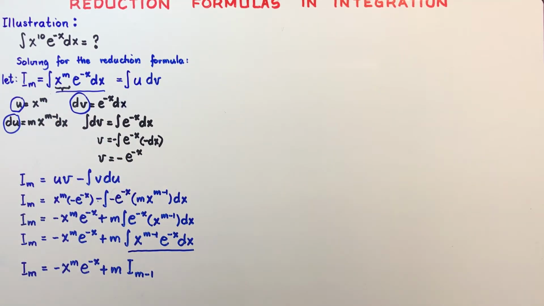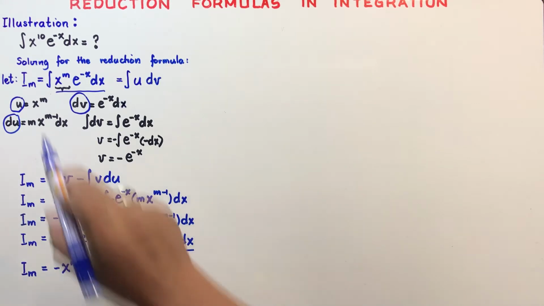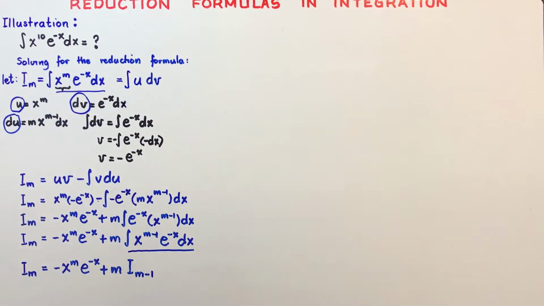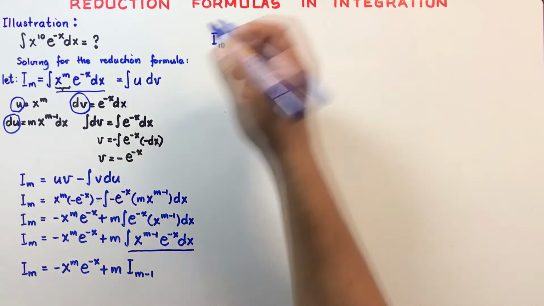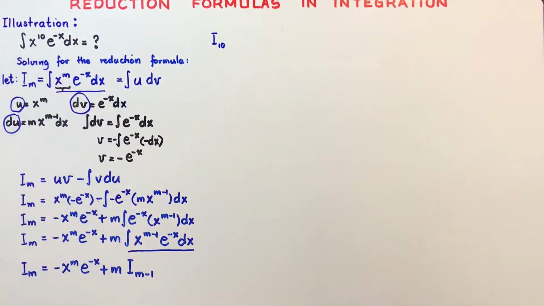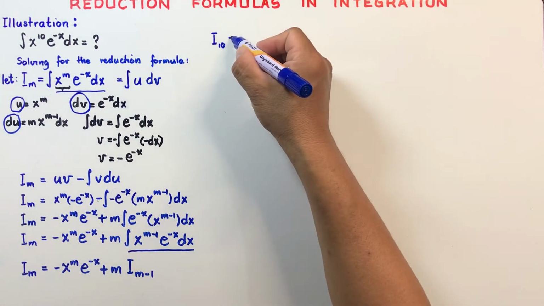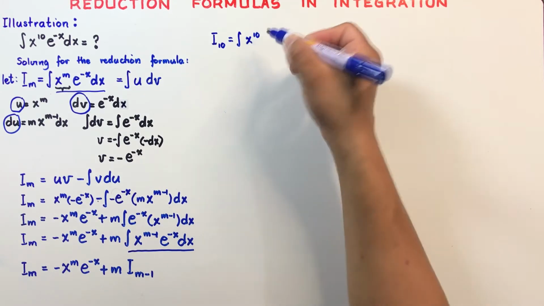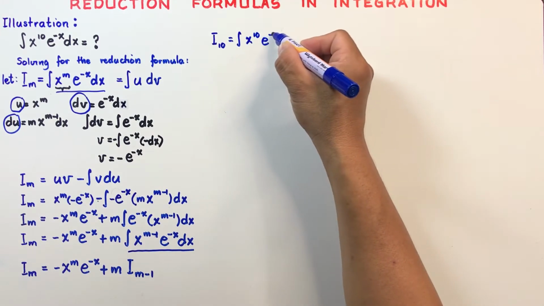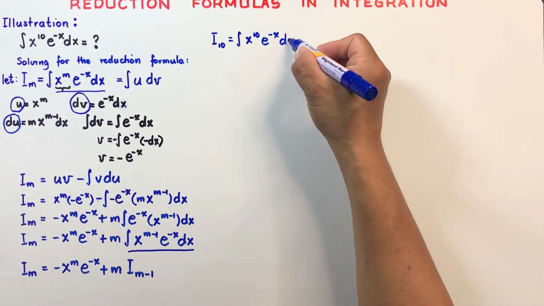So applying this one to our given integrand, which is this I sub 10, because the exponent of x is 10, we have I sub 10, which is equal to the integral of x to the power 10 times e to the negative x dx.